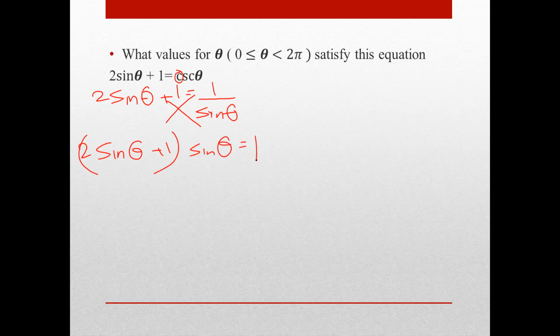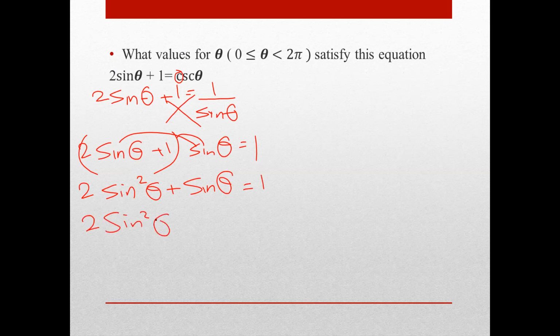So after multiplying, it will be 2 sine squared of theta plus sine theta equals 1. So 2 sine squared of theta plus sine theta minus 1 equals 0. It comes as a quadratic equation.